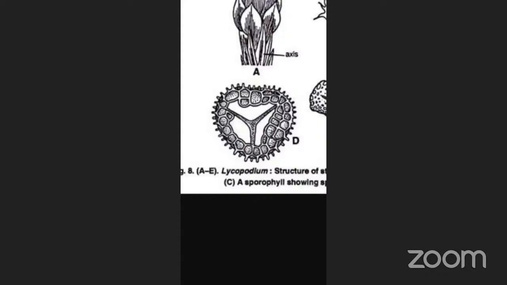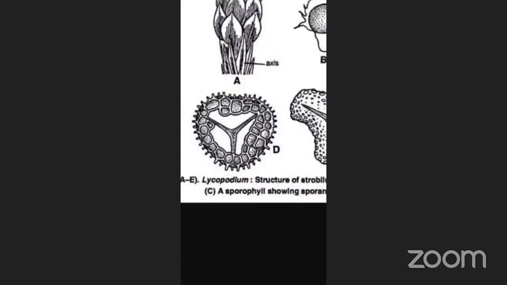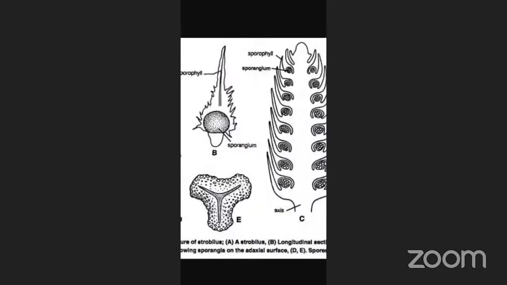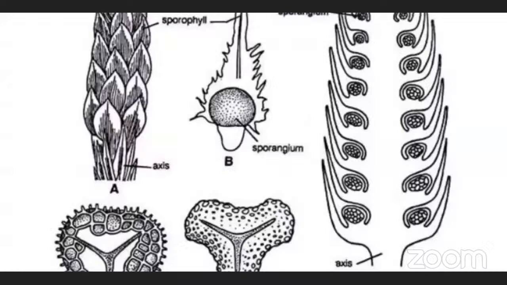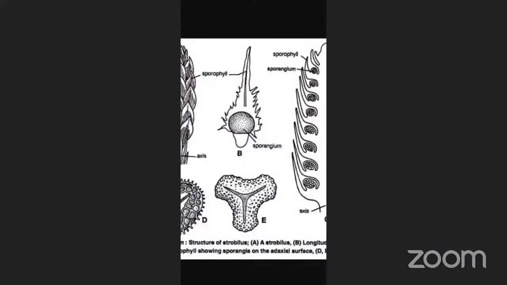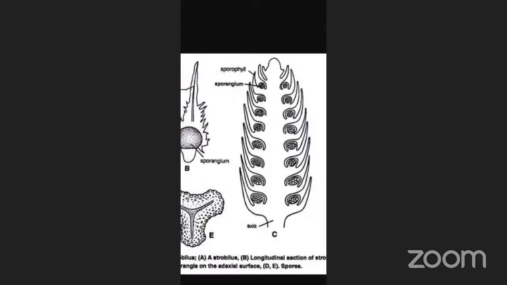Next is the gametophytic sexual reproduction. The spore germinates to develop the gametophyte, which is known as a prothallus. There is great diversity in the form of the prothallus, varying from species to species.